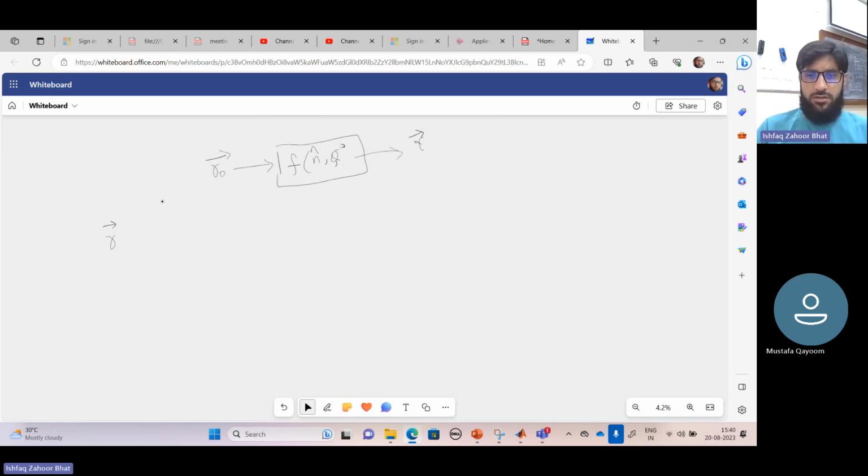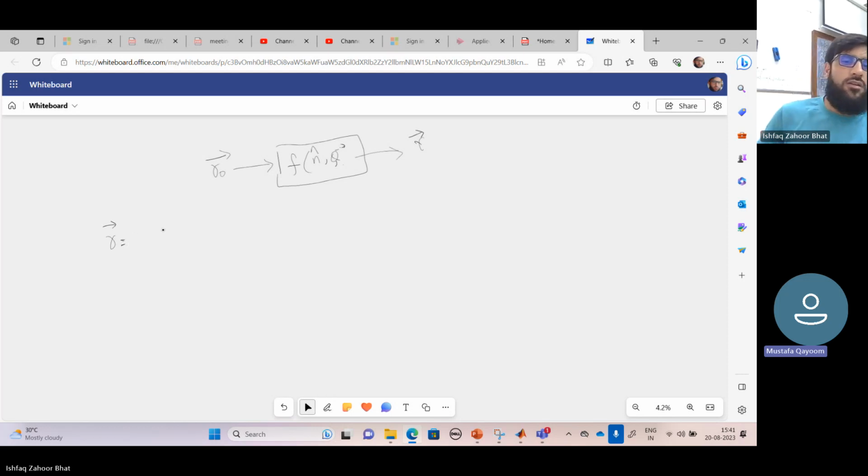Oh, I don't know, something is wrong with this. Let me try to fix it. Are you able to see what I am writing? Sir, it is only R vector is equal to. Oh, okay, I have not written anything, so you should not be able to see anything.